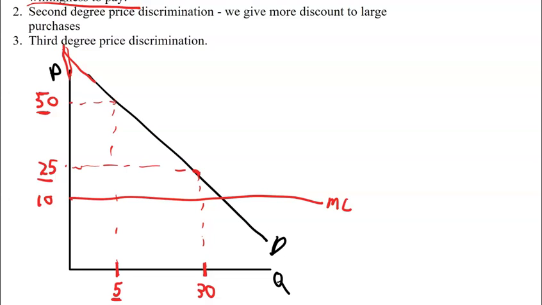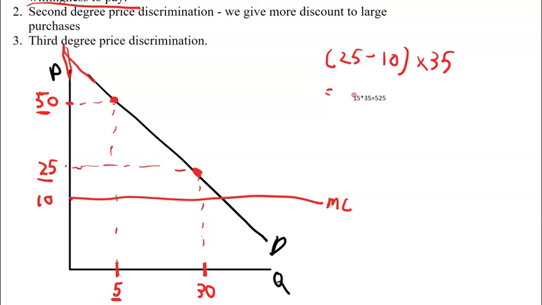If all 35 had to pay $25, then my profit would be 25 minus the marginal cost of 10, times 35, which is 15 times 35, which is $525.